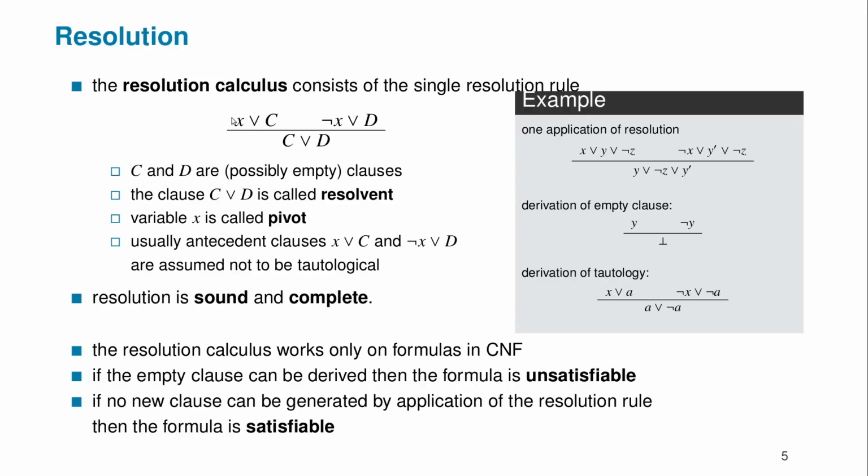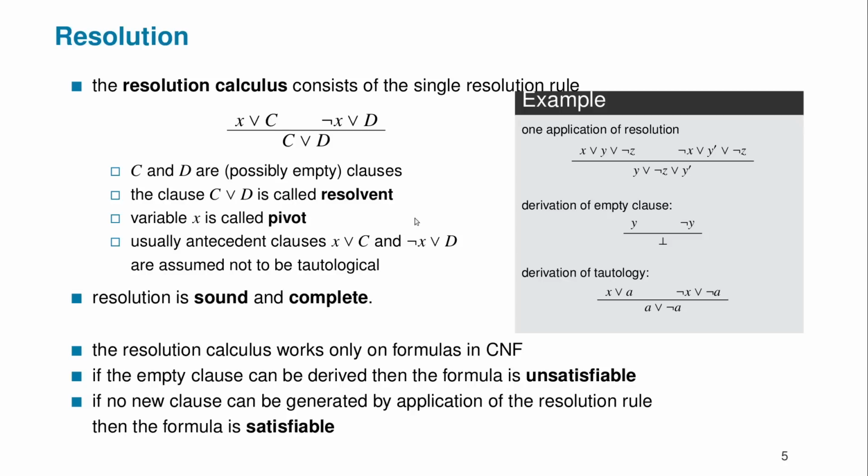One clause contains a literal X, the other clause contains a literal not X, and we then infer a new clause C or D. So if we have a clause X or C and another clause not X or D, where C and D are disjunctions of literals, we infer a clause C or D. C and D are possibly empty clauses, and we call this newly derived clause the resolvent, and the variable X is the pivot variable of the application of the resolution rule.